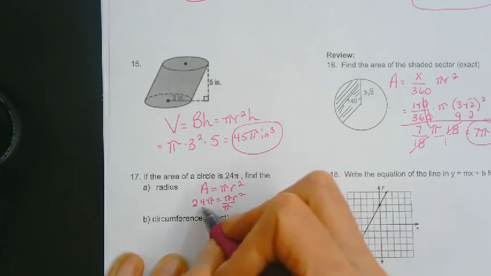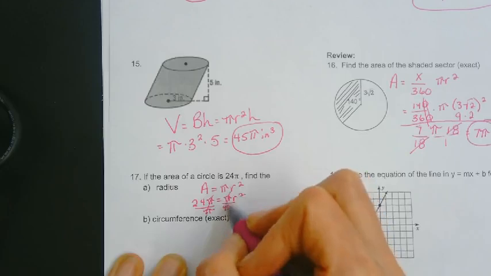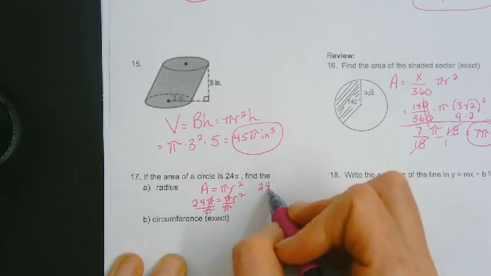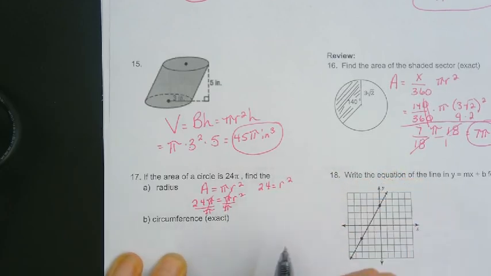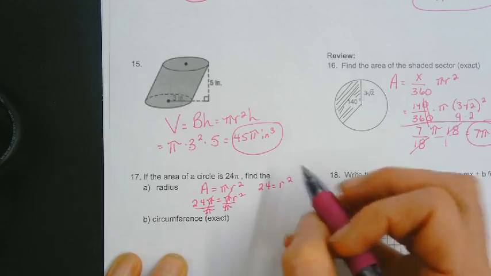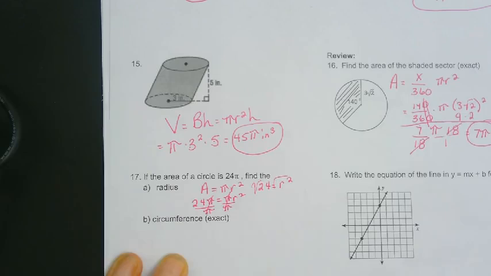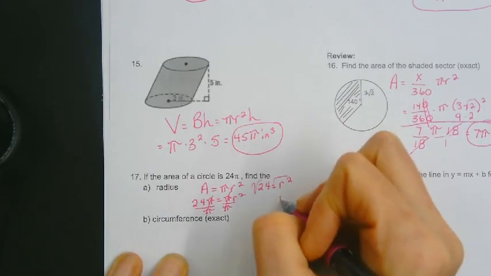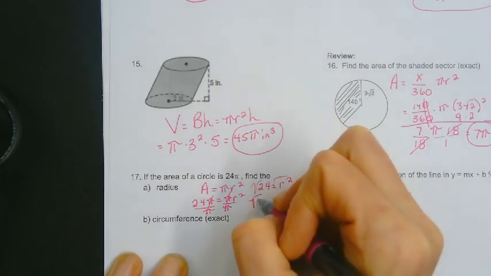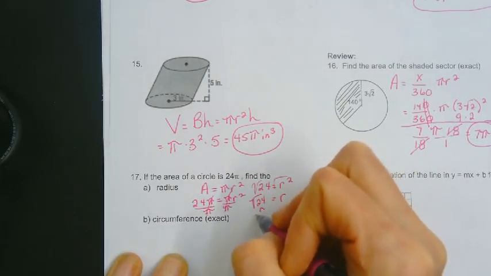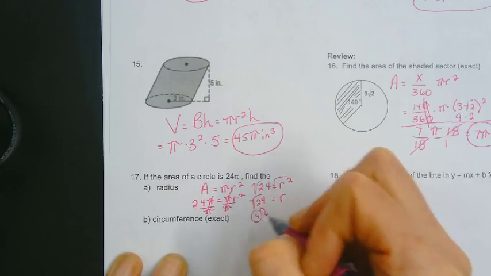And we get 24 equals r squared. Now, to get r by itself, take the square root. And we get r equals the square root of 24. We can simplify that with a perfect square factor. Let's take out that square root, so that's 2 root 6, and that equals r.